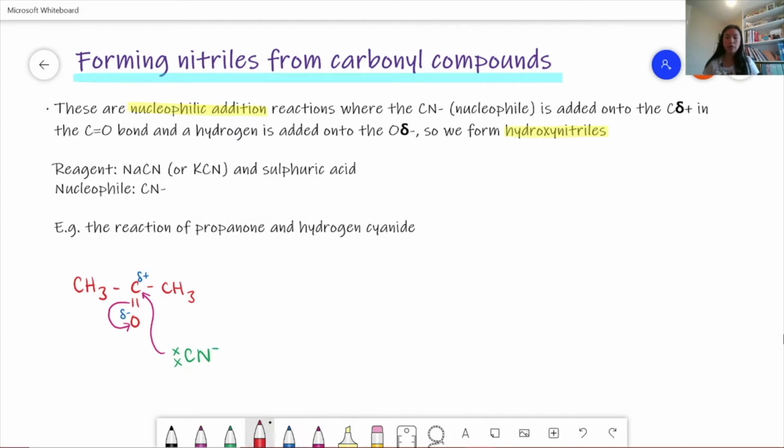So what we form is CH3, and then we've got a carbon and an oxygen, and now we have a spare pair of electrons on this oxygen. So this oxygen is now negatively charged. And then we also have the cyanide and a CH3 group now attached. And now we have a H plus from the acid, the sulfuric acid. So H plus attacks, and this is from the solvent.